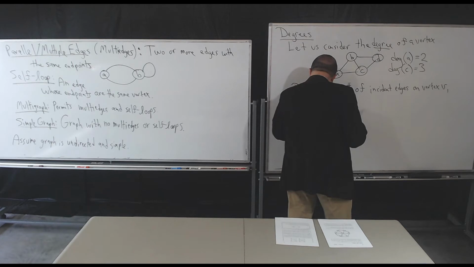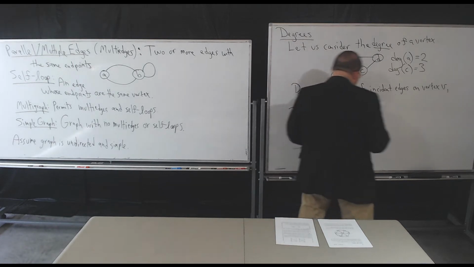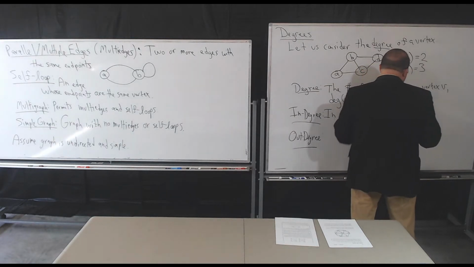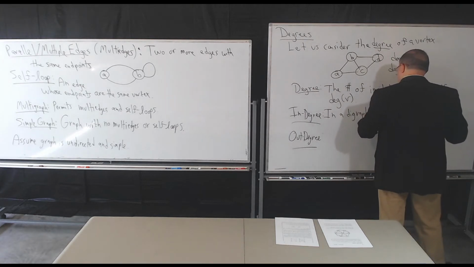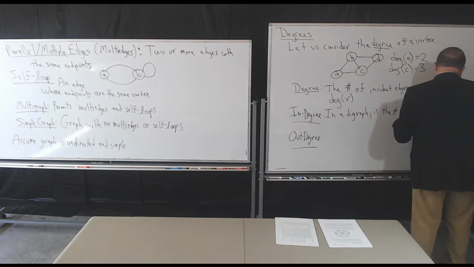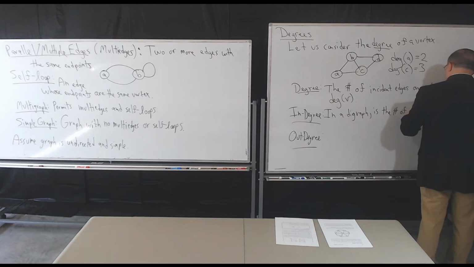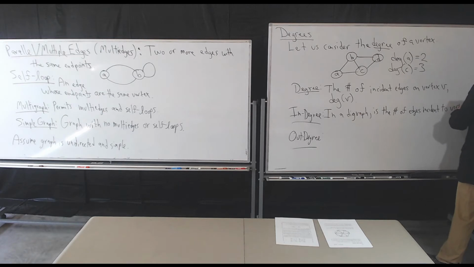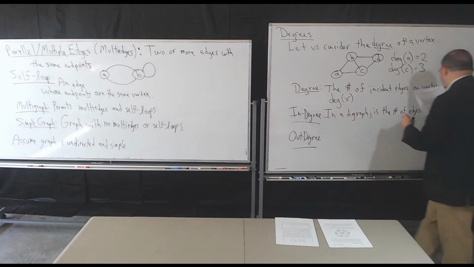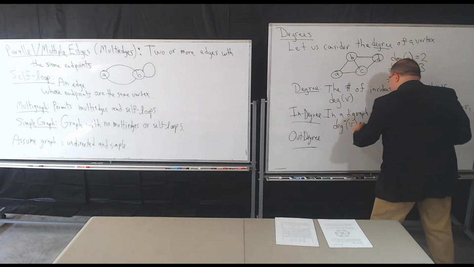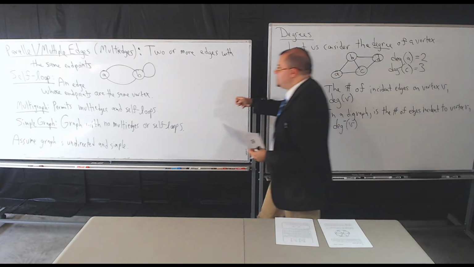So the in-degree in a digraph is the number of edges incident to vertex V. This is often denoted with deg with a minus sign as an exponent of V, like this. So it's the number of incoming edges towards a vertex V.